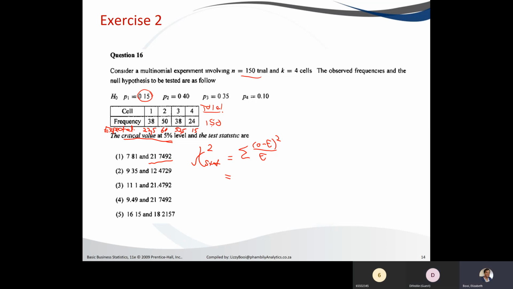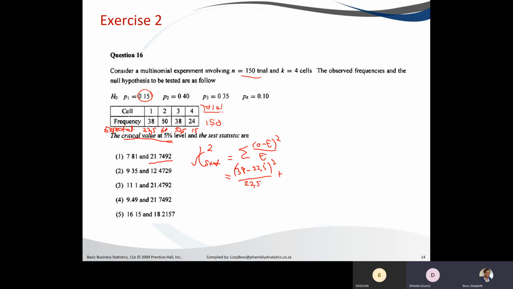You can just substitute them into the formula. It will be 38 minus 22.5 squared divided by 22.5.